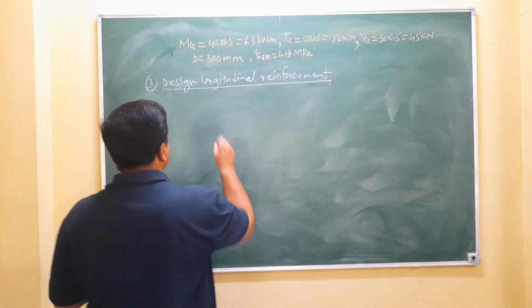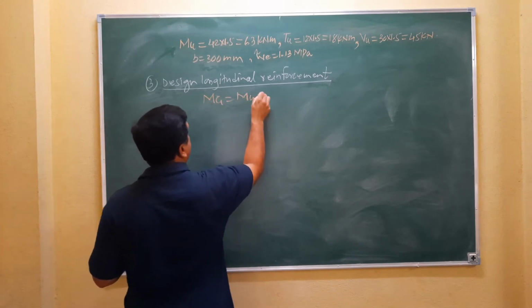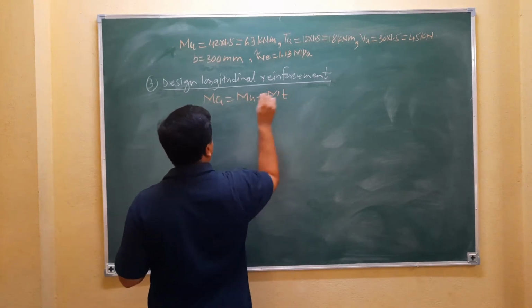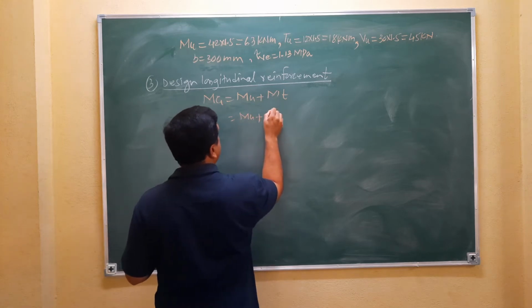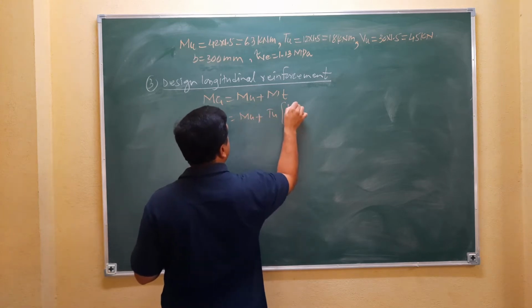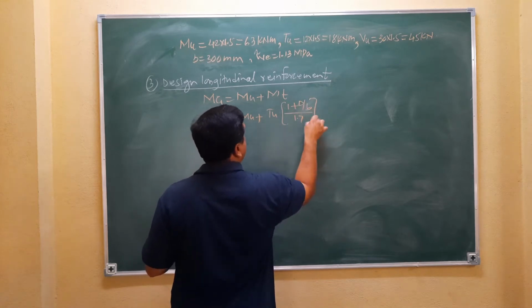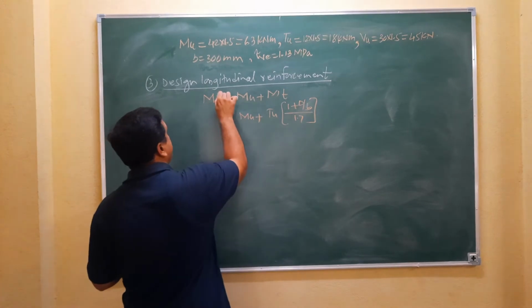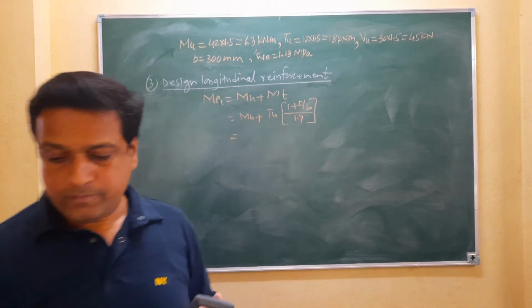So Me1 is equal to Mu plus Mt. So Mt is Tu into (1 plus capital D by b) divided by 1.7. So this is the Me1.